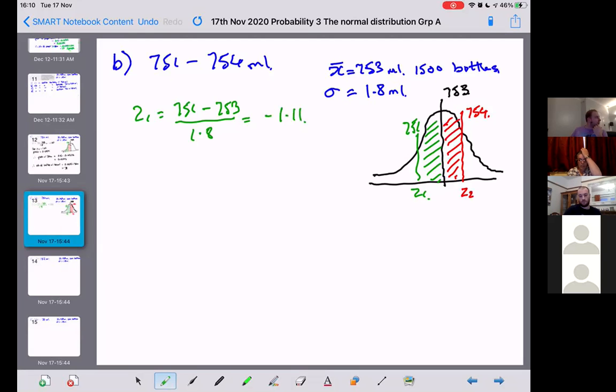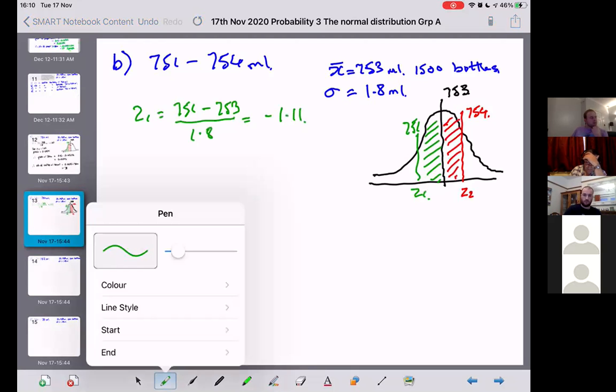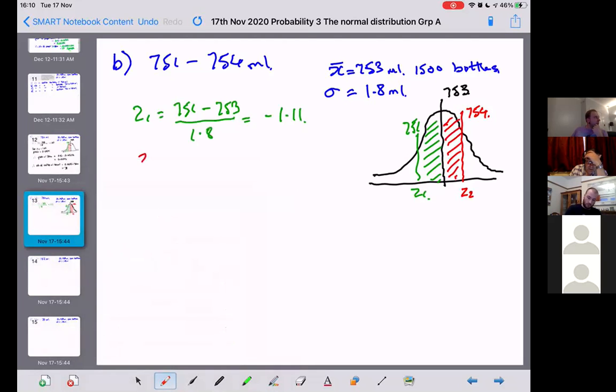Everybody get that? And Z2, please shout if you're not getting this. Z2 is 754 minus 753 over 1.8, which is 0.56.